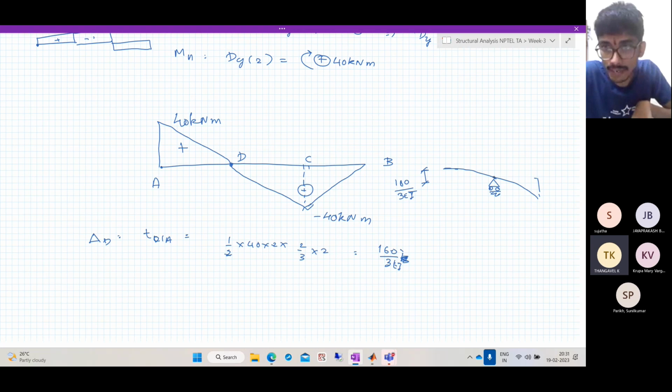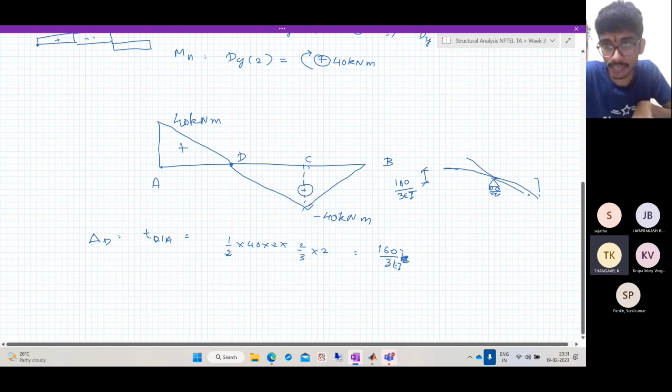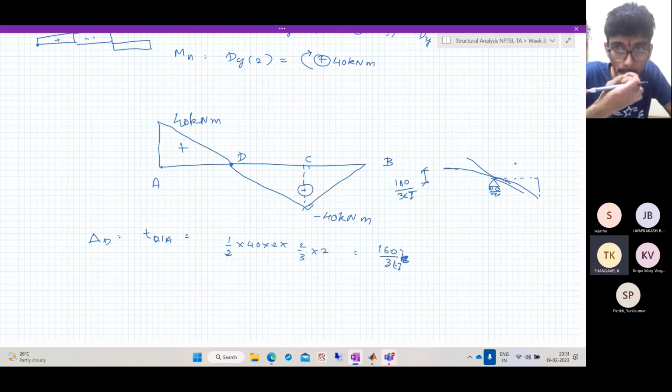Now let us find the slope here, just theta C. So for this span, the displacement is fixed, and here the slope is unknown. The change in slope theta C with respect to D is this area.